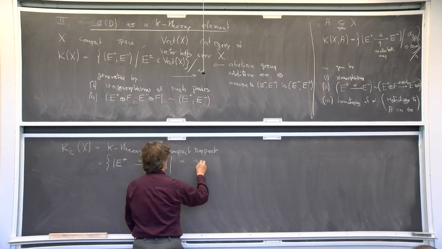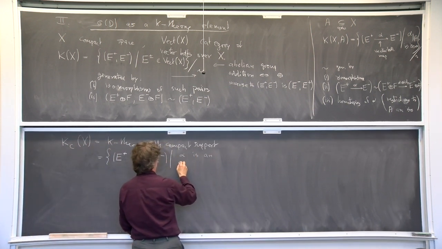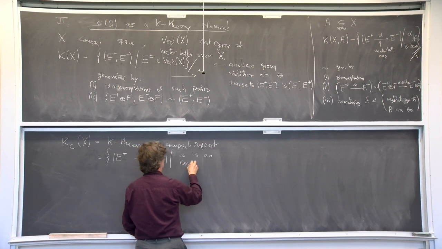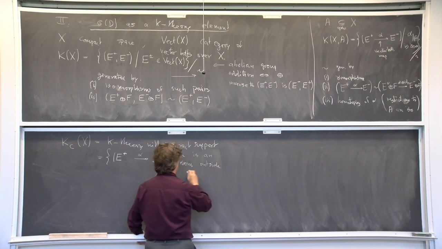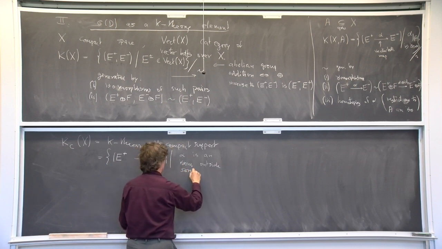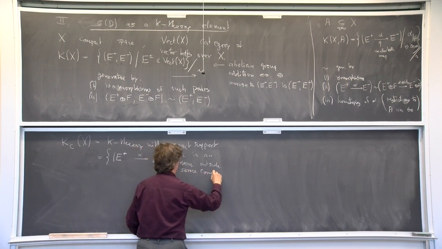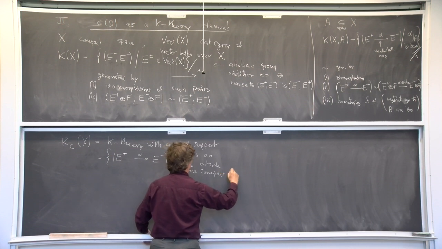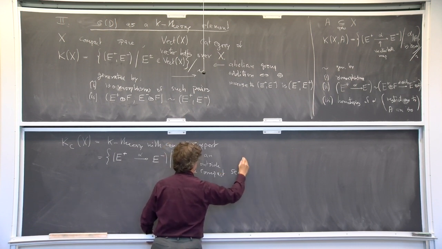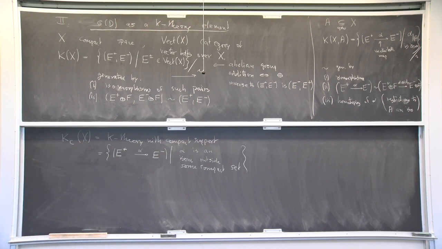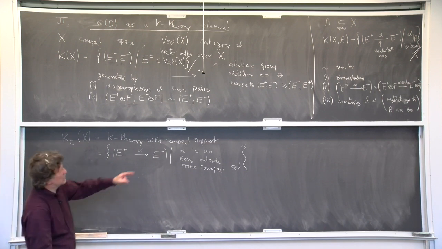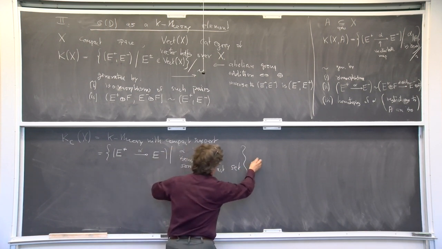Alpha is an isomorphism outside some compact subset of X. And then you sort of do similar equivalence relations as up there.